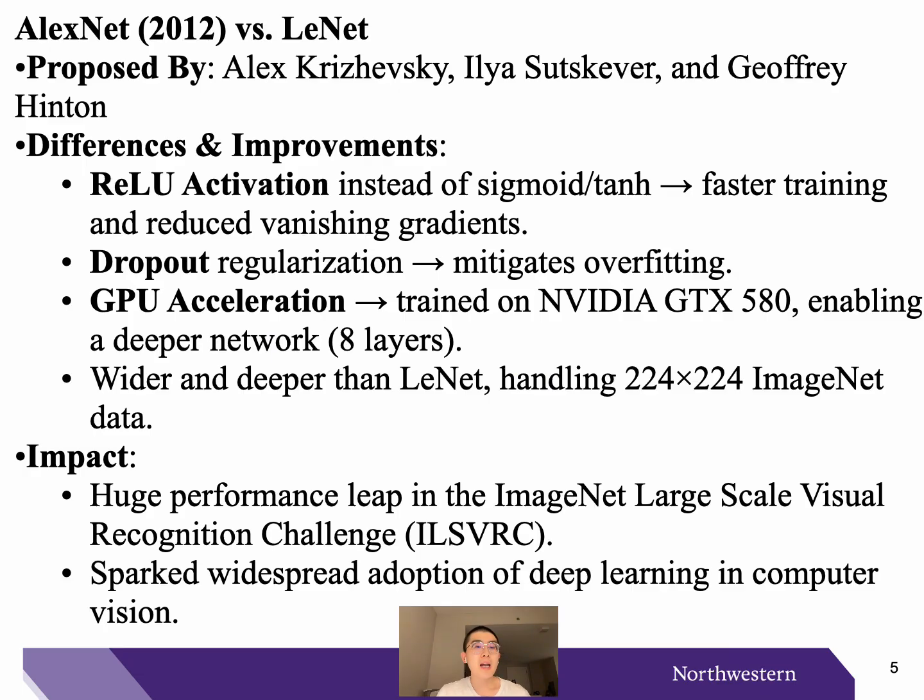First, let's compare AlexNet and LeNet. AlexNet introduced a new activation function, ReLU, instead of the sigmoid, which made the training faster and reduced the vanishing gradient problem. It also added dropout, which later algorithms didn't use as much before the Vision Transformer.